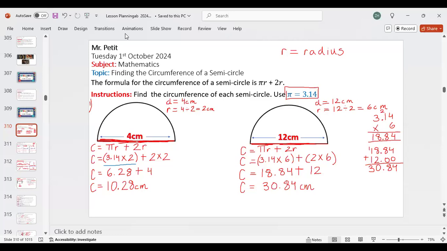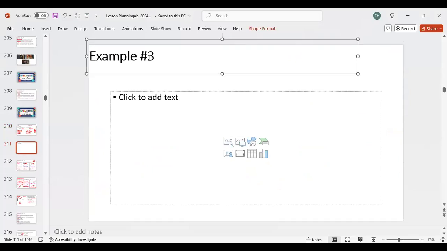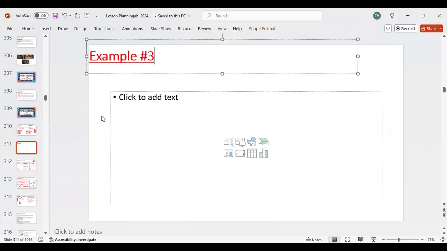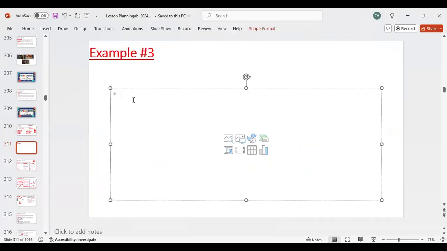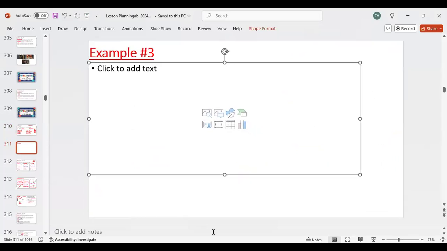All right, so let's do this. Write down this last example. We're gonna call this example number 3. So for this example, we have to find the circumference. So let's draw the semicircle.